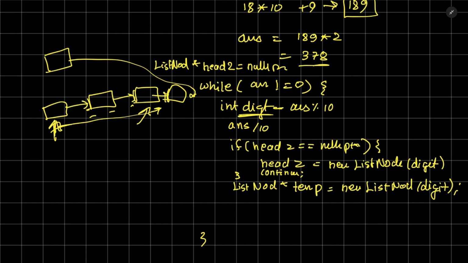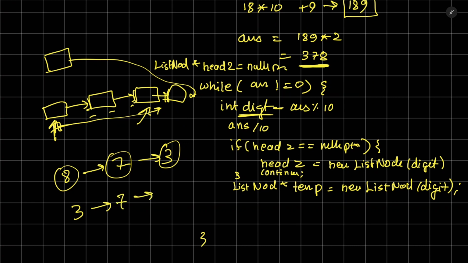But if we look at this particular question, for this 378, we will get 8 first, then we will add 7, and let's say we are using the tail pointer and adding the node at the end, then we will add 3. But this gives us the answer in reverse order, and now to get the answer we have to reverse this again.